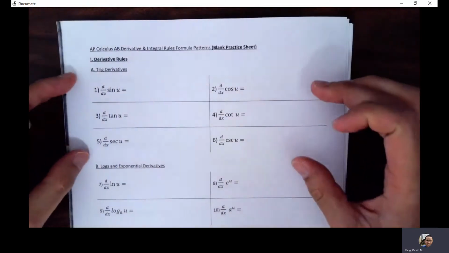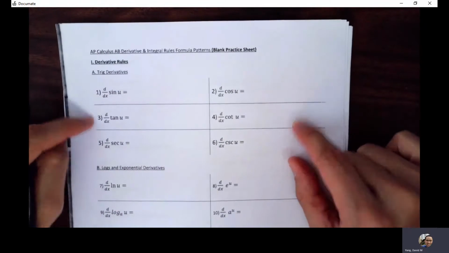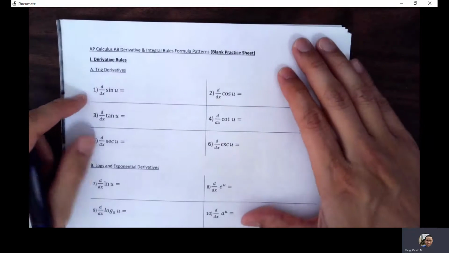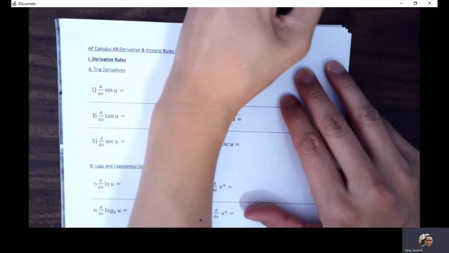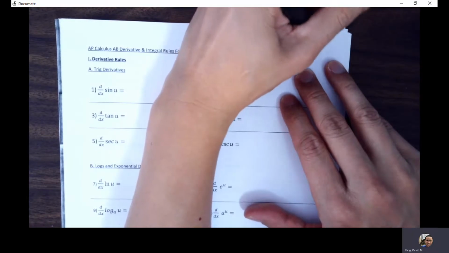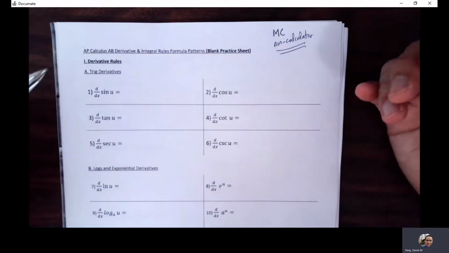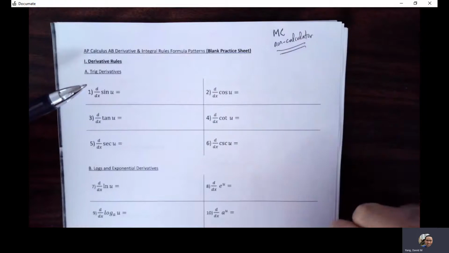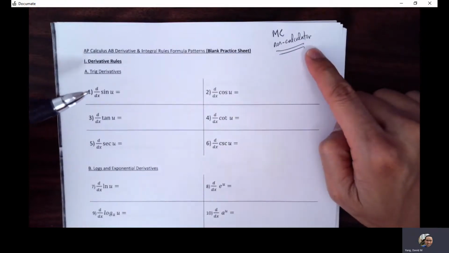These rules, I really encourage you guys to be able to write these rules down at the top of your multiple choice non-calculator portion. That's going to be the first portion that you take, and the likelihood of these rules showing up is going to most likely be during that multiple choice non-calculator portion.